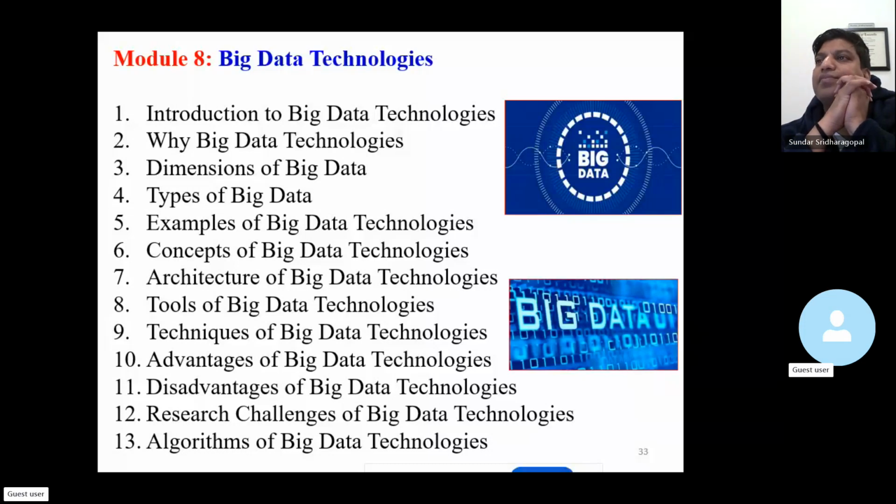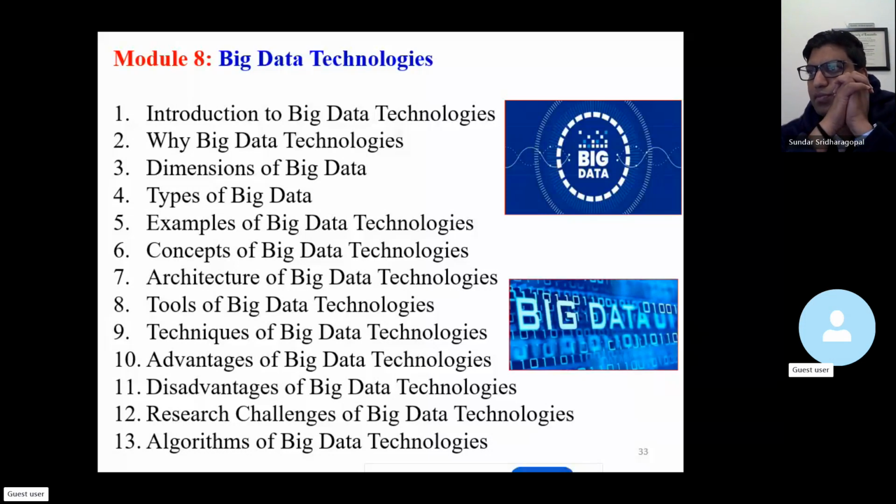So then see, what are the big data technologies? Introduction: why is big data technology required for society? What are the dimensions of big data? What are the types of big data: structured data, unstructured data, semi-structured data? And examples of big data technologies.